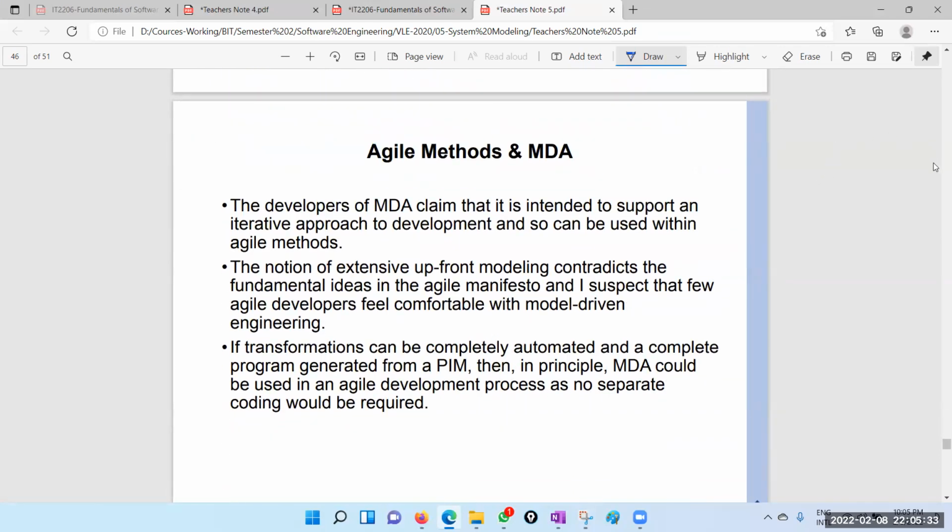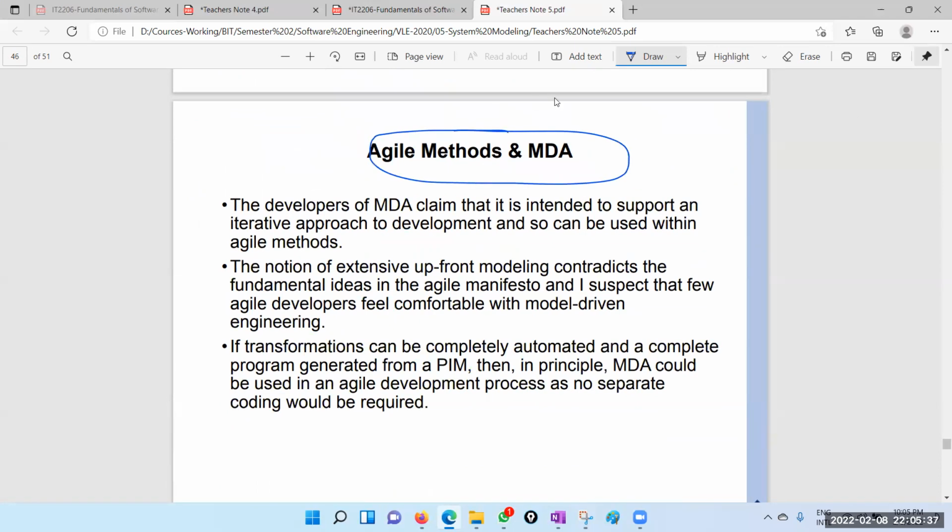Right. Agile methods and model driven architecture. Right? You know that in agile development, we want to develop software in short cycles. So in a way, model driven architecture is beneficial because a lot of automation is there. Right? So then it can increase our productivity. At the same time, in agile development, we don't look at the entire system and do the entire architecture and design.